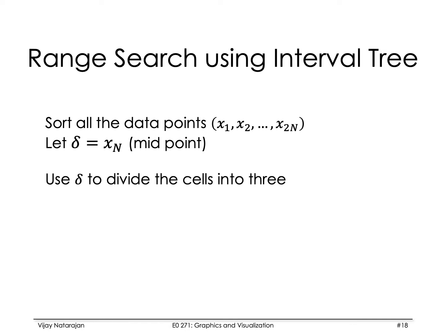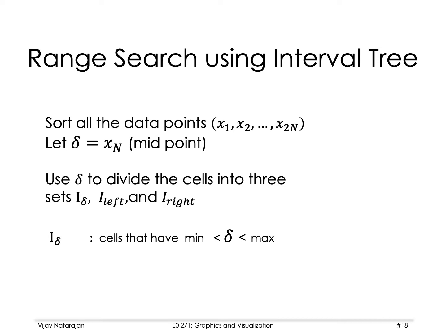The interval tree considers all these intervals. There are n intervals, remember. So the interval tree uses the midpoint to partition the intervals into three sets: I sub delta, I sub left, and I sub right.